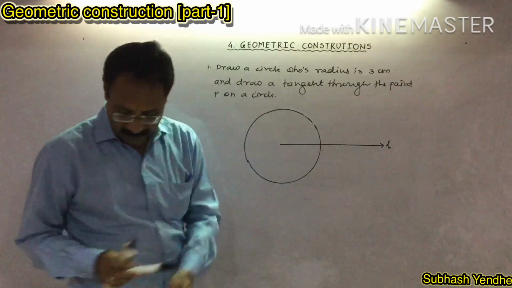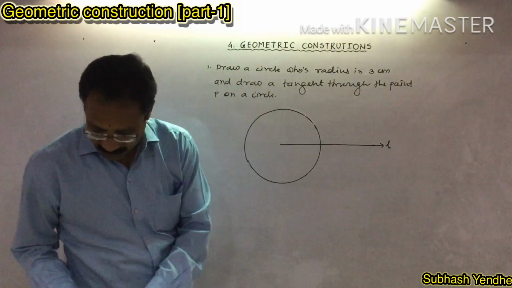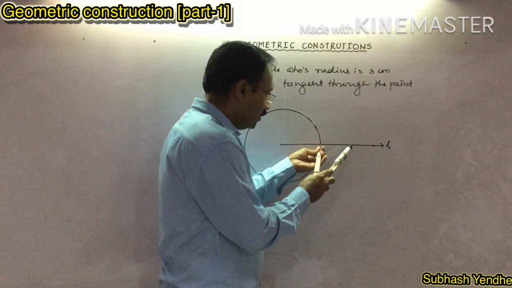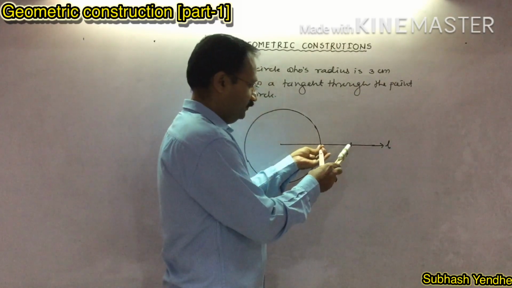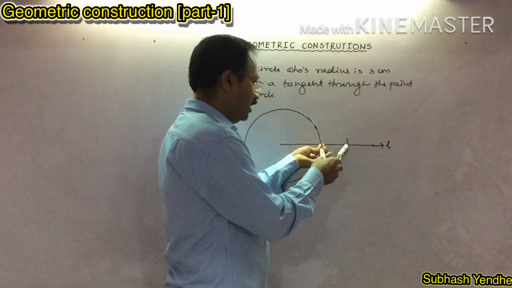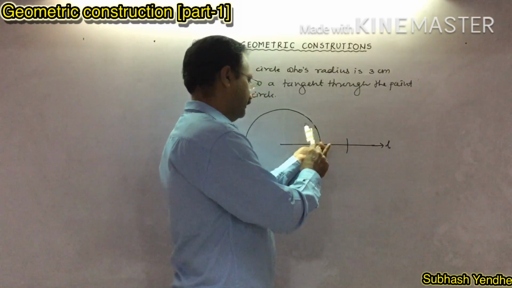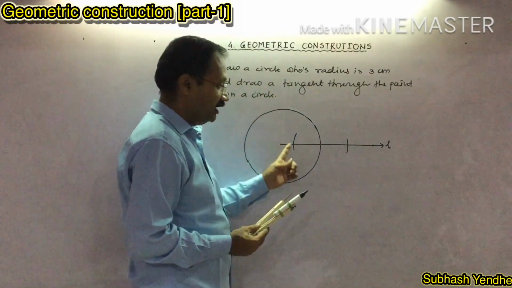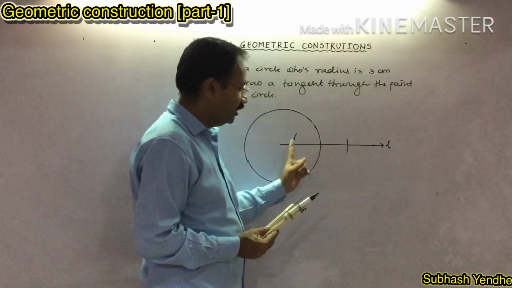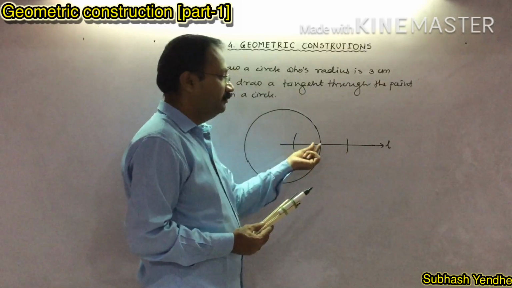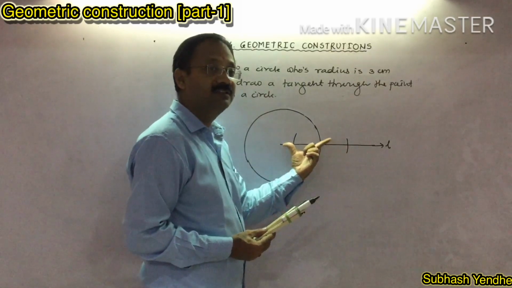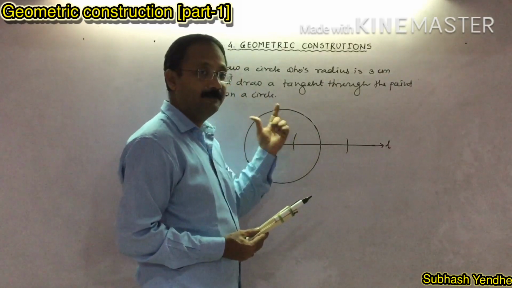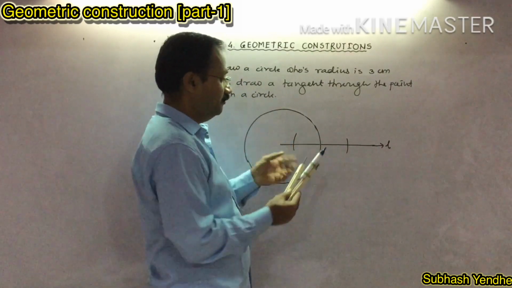So what you have to do? You have to put the point on this point here and then make 2 arcs on both sides. Why do I make arcs on both sides? Because we have to make a segment here and then we can draw the perpendicular through the point.